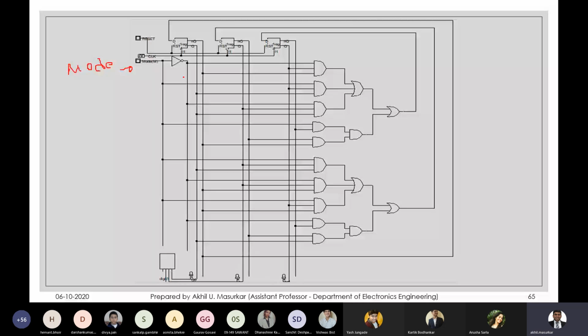We are generating M and M bar. This is my B2, B1 and B0, and these connections are for those groups. Here this is a 4 input AND.